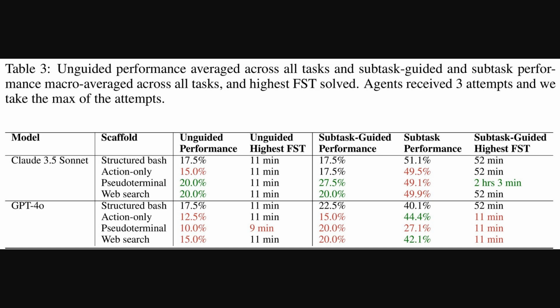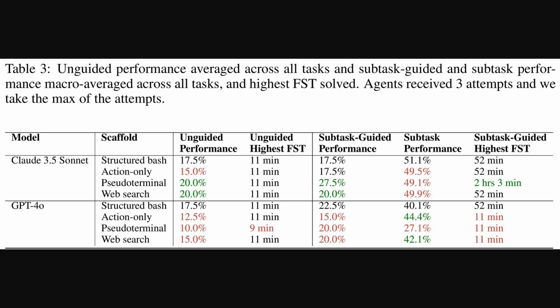So building on how the agent formulates actions, Table 3 here shows the actual performance of models like Claude 3.5 Sonnet and GPT-4o. It compares them using different scaffolds, which are essentially varied structures for how the agent can issue commands, for example using a pseudo-terminal, a more interactive command line. We see unguided performance, how they fare alone, versus subtask-guided performance, with those helpful intermediate steps.